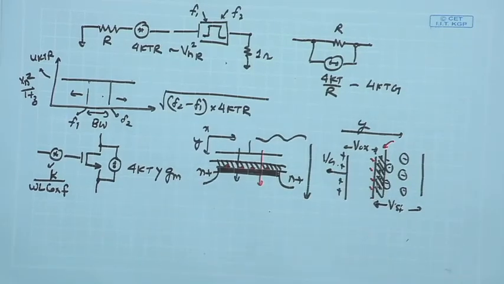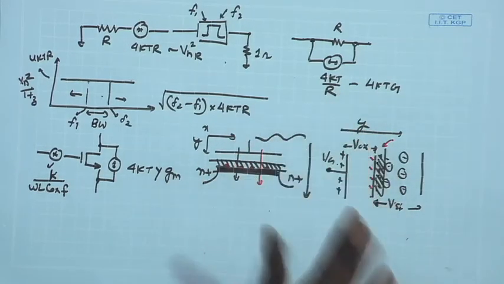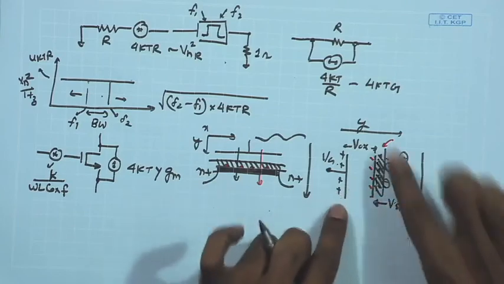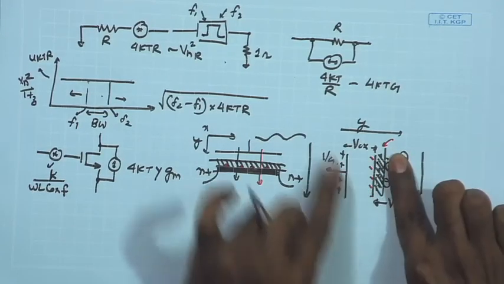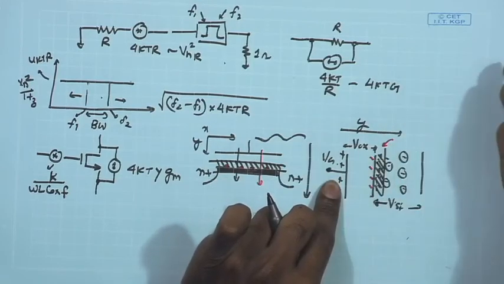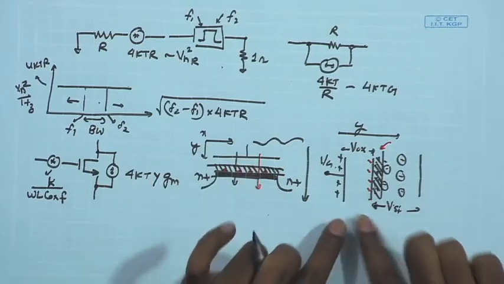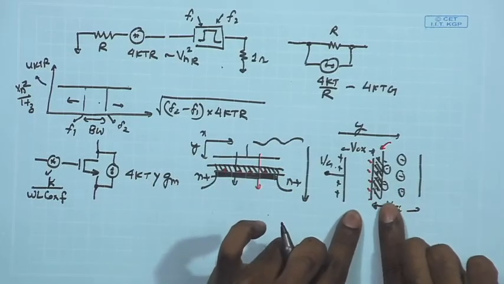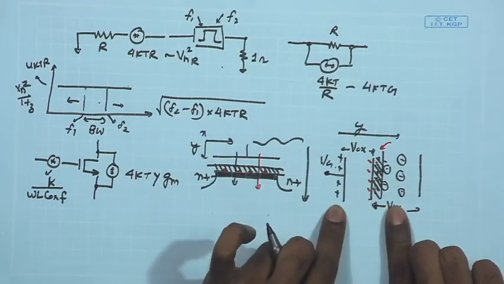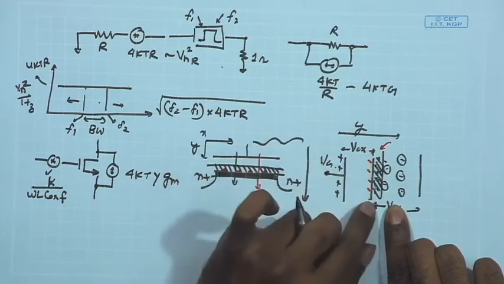That means the effective threshold voltage needed to turn on the channel also varies over time, because the total charge required to balance the deterministic positive charge you have put on the gate is varying over time. So the overall threshold voltage of the MOSFET is fluctuating over time.